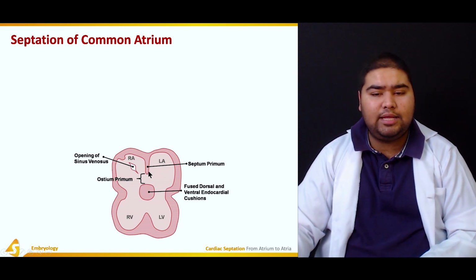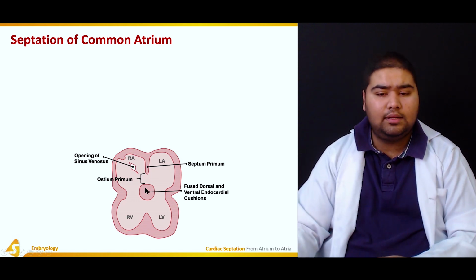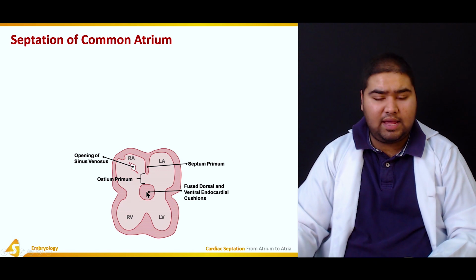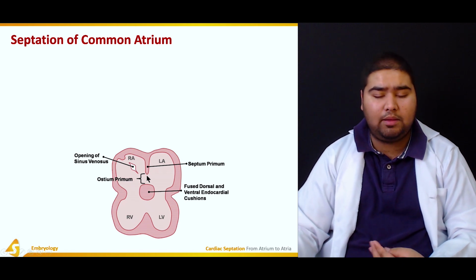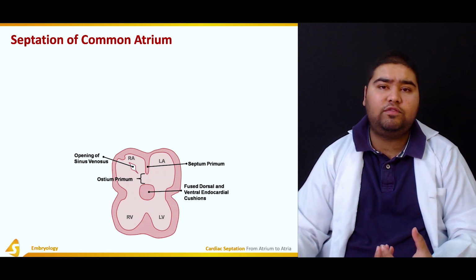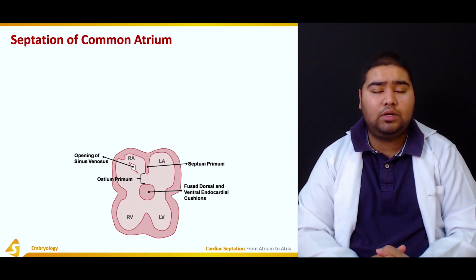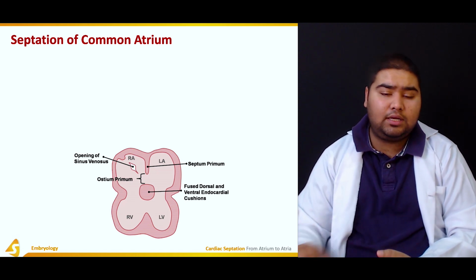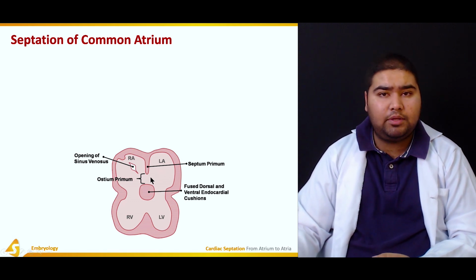The limbs of the sickle grow towards the endocardial cushions in the AV canal. The space between these limbs and the endocardial cushions is known as the ostium primum. How does the ostium primum close? By the growth of endocardial cushions along the tip of the septum primum.